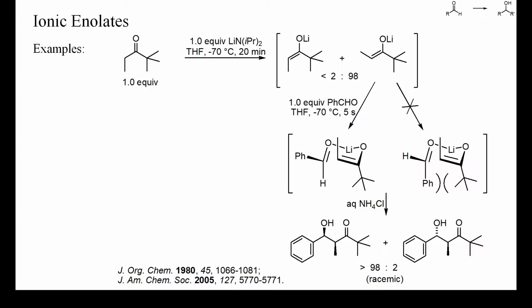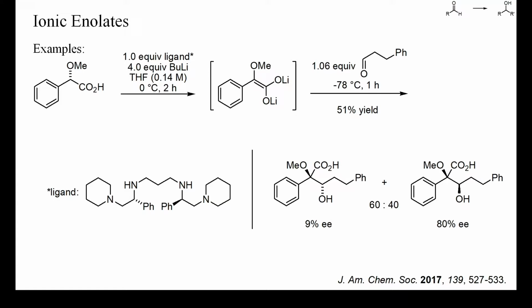The stereochemical outcome can be rationalized by steric repulsion from the bulky tert-butyl group. First, the less sterically crowded enolate was formed, and in the closed 6-member transition state of the aldol addition, repulsion between the phenyl and the tert-butyl group led to the almost exclusive formation of the syn-aldol product.